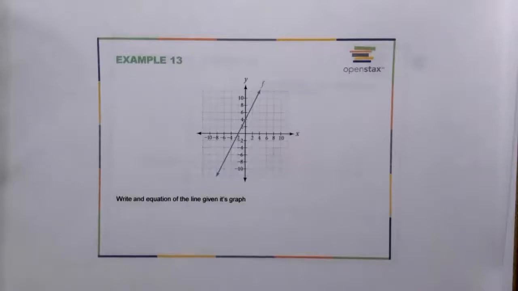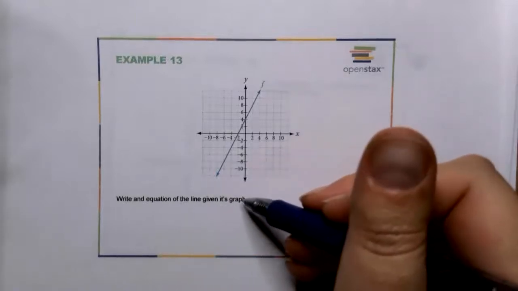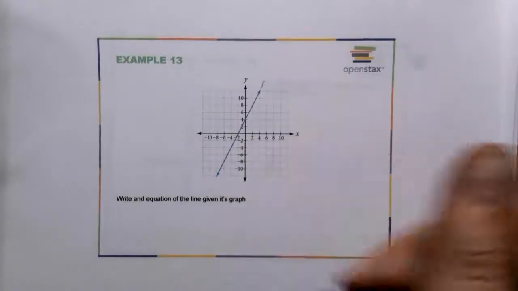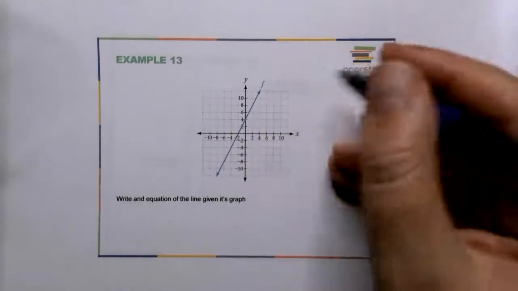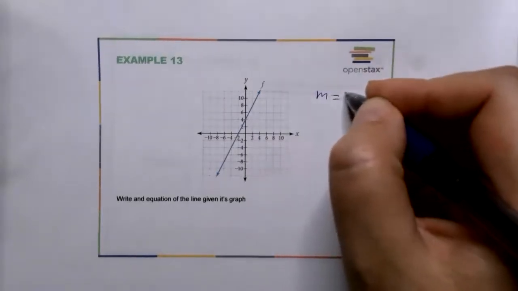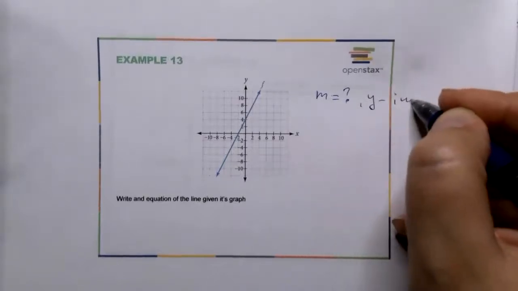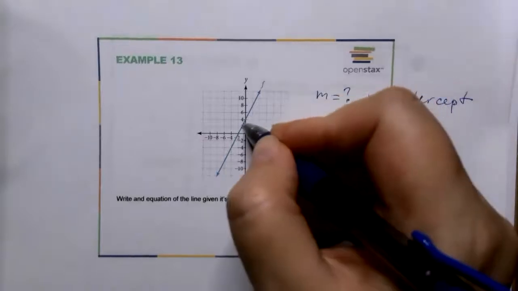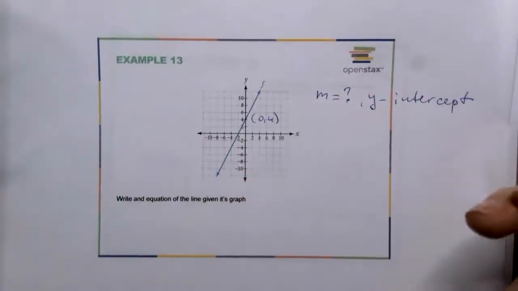And our last example in this video is to write an equation of the line given in the graph. So read the graph, convert it into an equation. Again, in order to do that, we need to know 2 things: slope and the y-intercept. And here, the y-intercept is 0, 4.